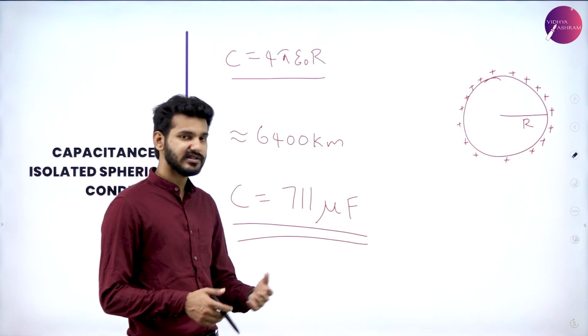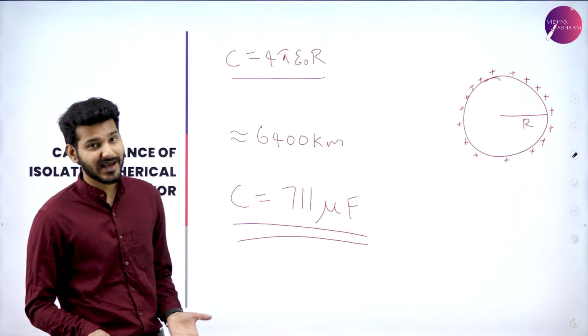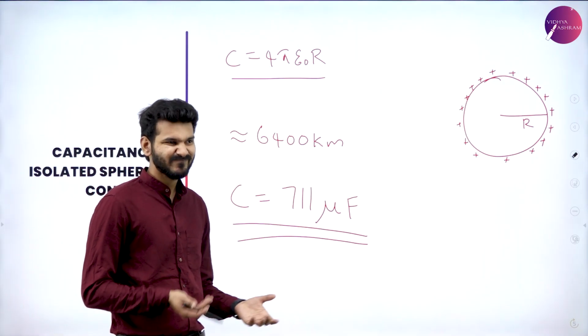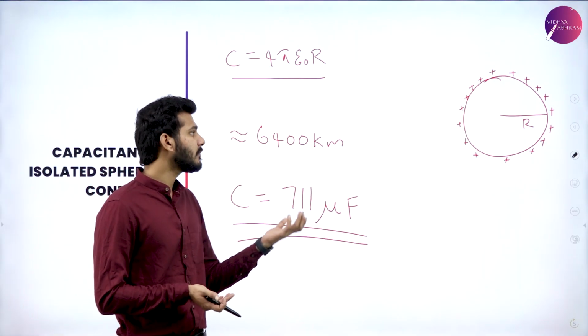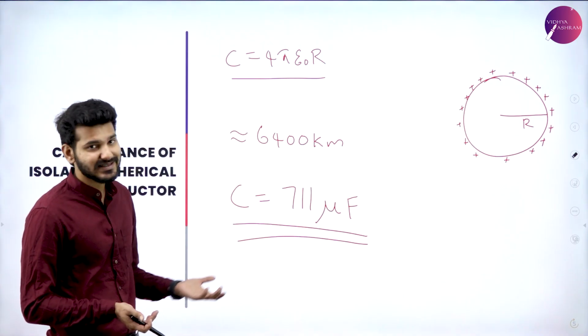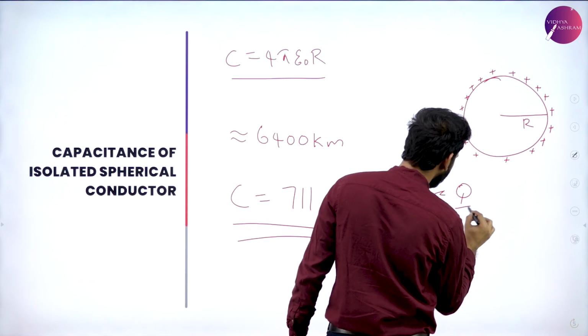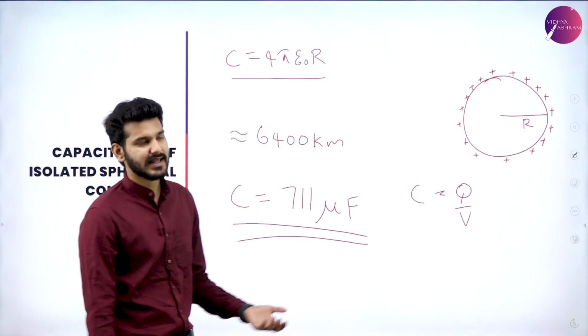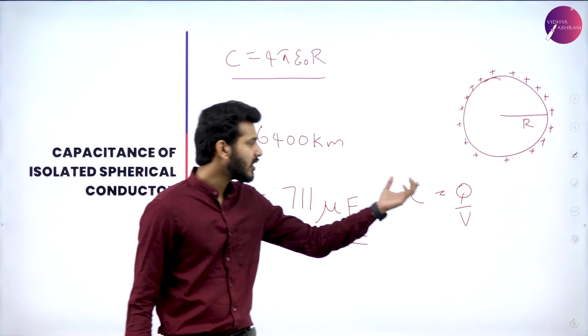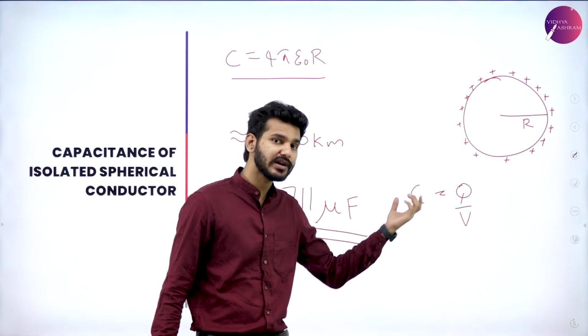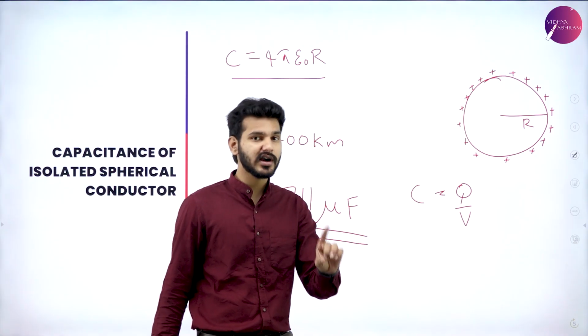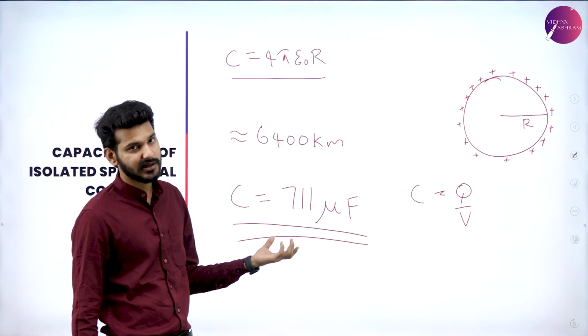So one question will be, Earth, such a huge planet, has such small capacitance? Well, actually no, because capacitance C is equal to Q by V. This clearly states how much charge is required to raise the potential by 1 volt. That is what we are calculating here.